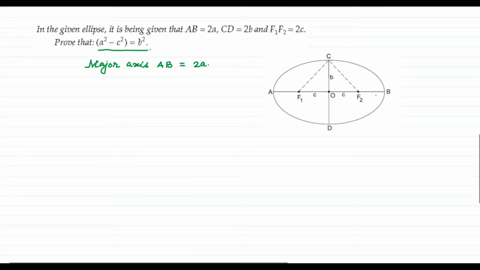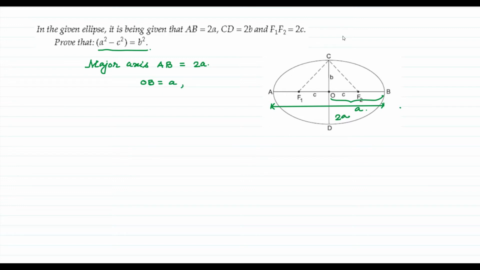So obviously from point A to B, this length is 2a. So half of the major axis should be a unit. So here we get OB equals a.